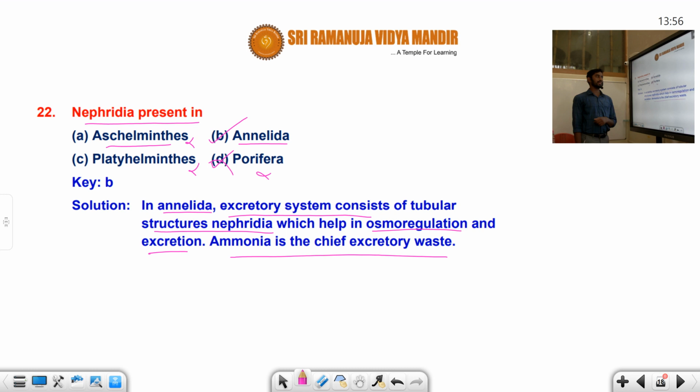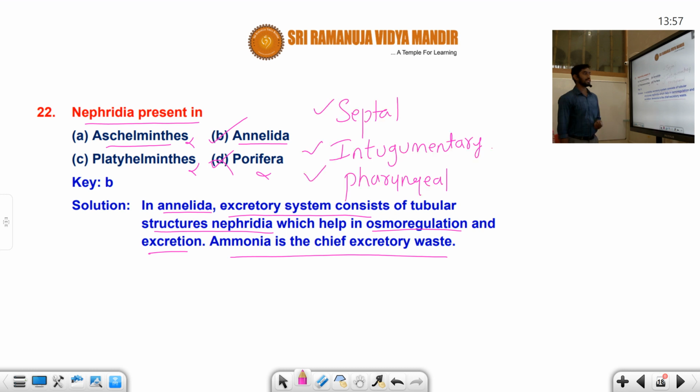Septal nephridia, integumentary nephridia, and the other one, pharyngeal nephridia. All these three types of nephridia help in the elimination of waste material from the blood vessels.